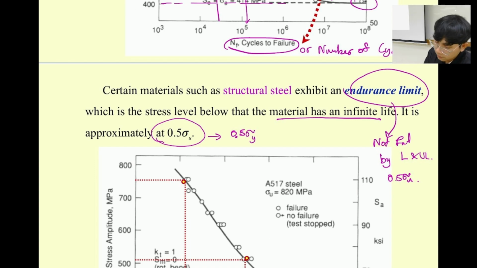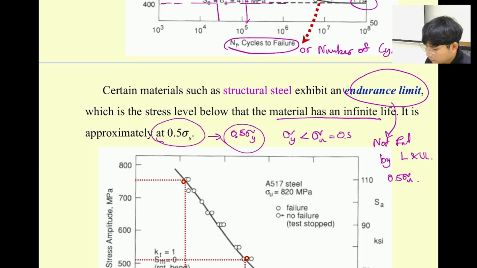What does it mean? You know that yielding is lower than ultimate, right? So it's going to be 0.5 below ultimate, which means if we design using just only 0.5 of the yielding, it's really far from the fatigue.